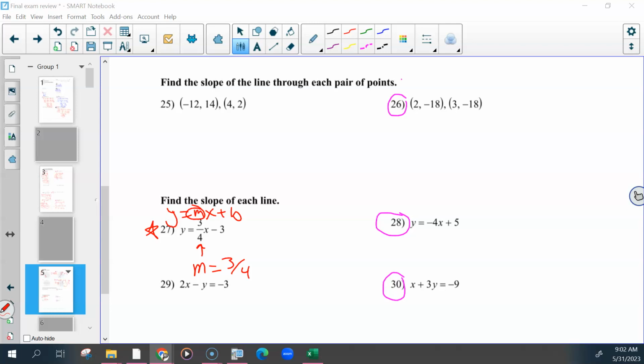For 26, if we're given a pair of points, we need our slope formula: y2 minus y1 over x2 minus x1.